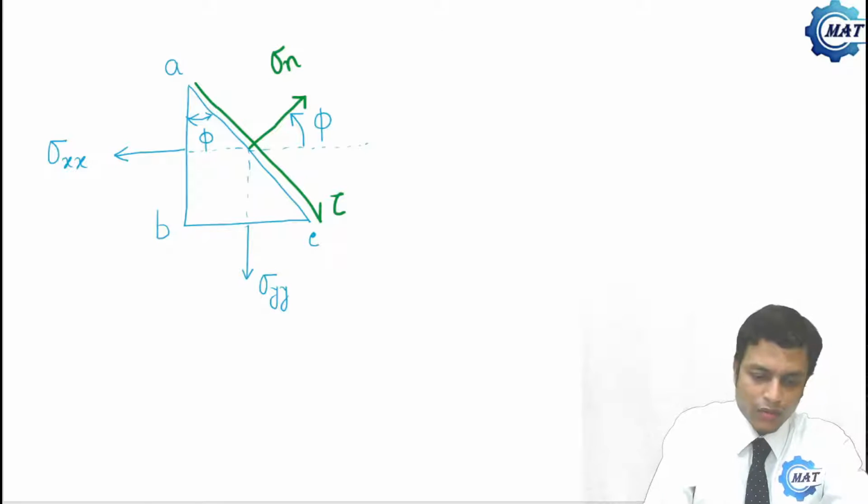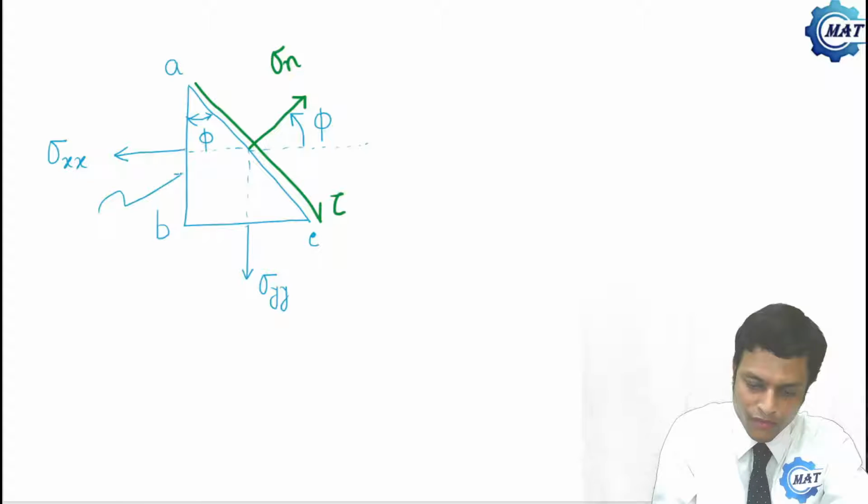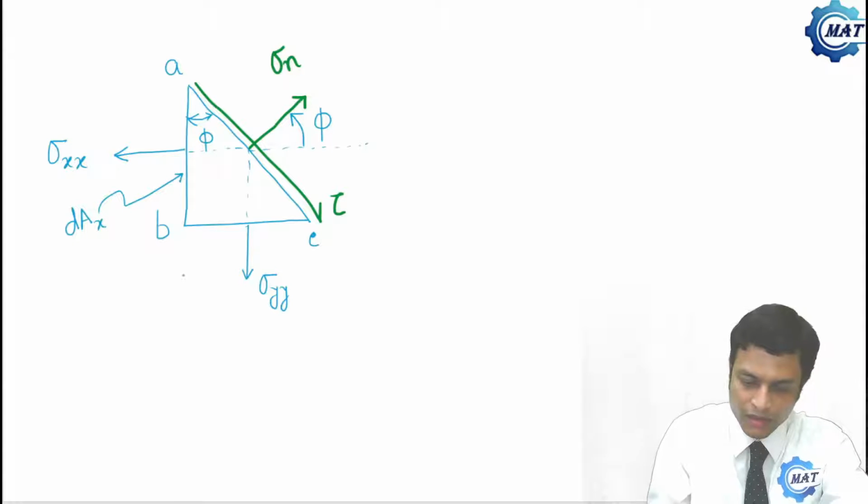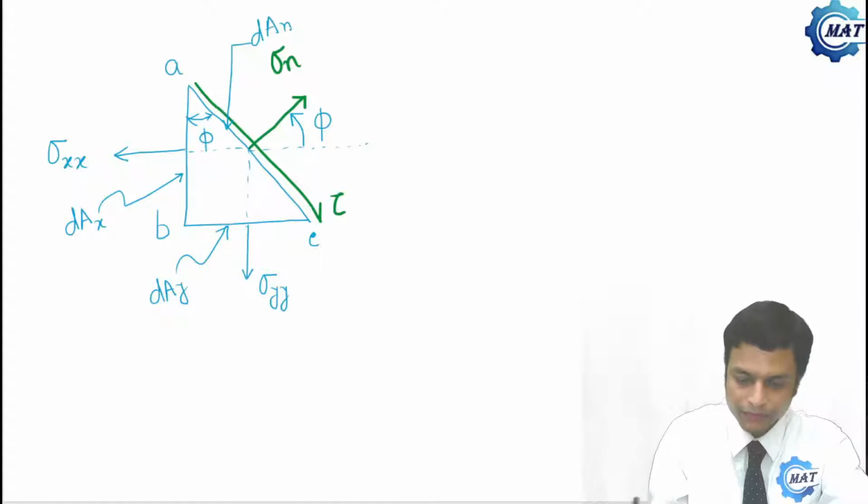So now let me define another thing, that is the area of face AB. Area of face AB is dAx. Say area of face BC is dAy and area of AC, that is this plane, is dAn.